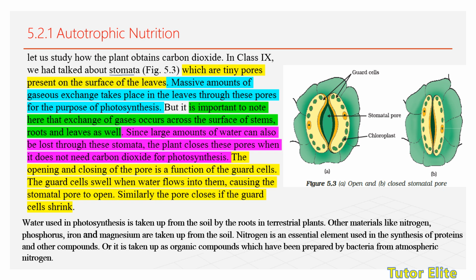But it is important to note that exchange of gases occurs across the surface of stems, roots and leaves as well, not only through stomata. Since a large amount of water can also be lost through these stomatal pores, these kidney shaped cells are called guard cells.